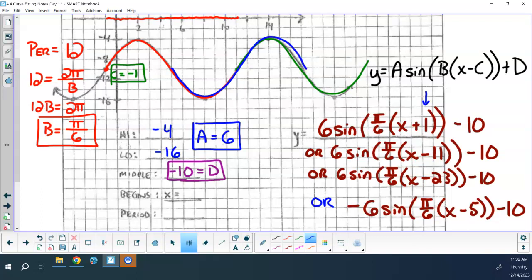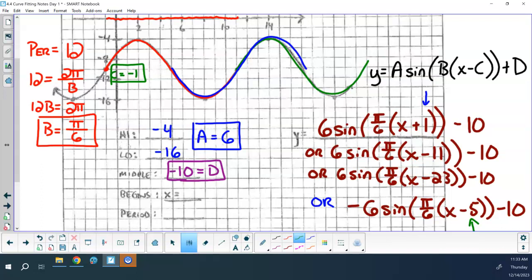And again, as long as we're a multiple of 12 away on this number right there, we can have anything. So we could have x minus 17 there. We could have x plus 7 there. Okay? As long as they're 12 apart, or a multiple of 12 apart from that, it's all good.